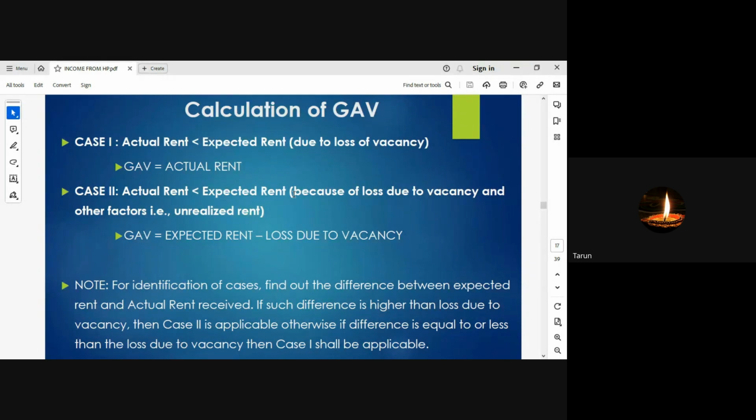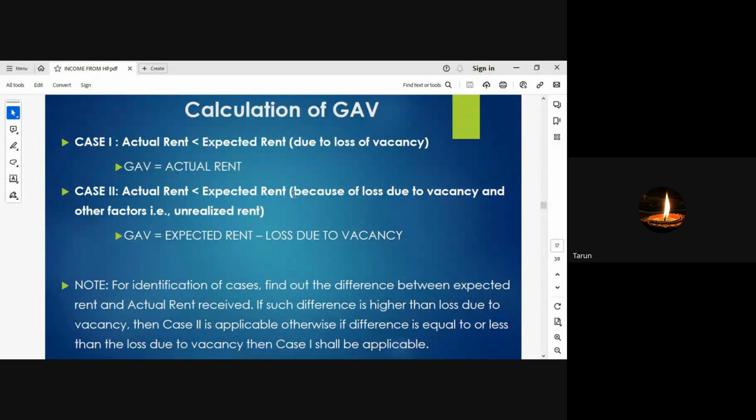So due to the loss of vacancy, before letting out the property it was vacant and not being used. If the actual rent is less than the expected rent only due to that, then the gross annual value is the actual rent.